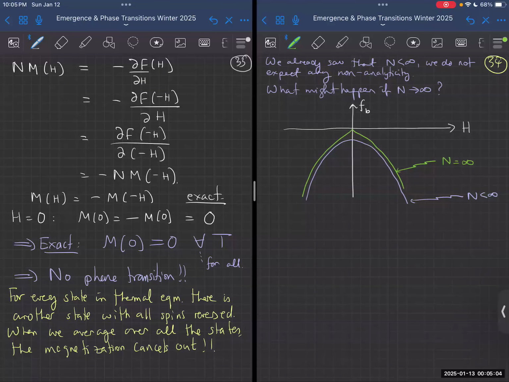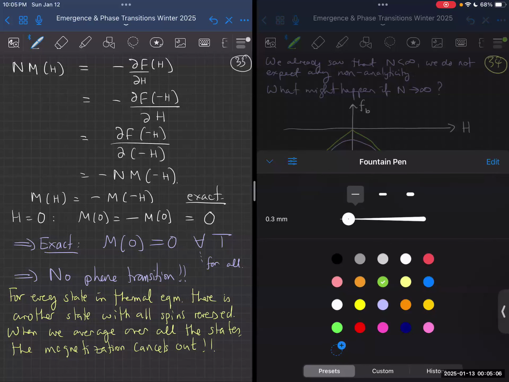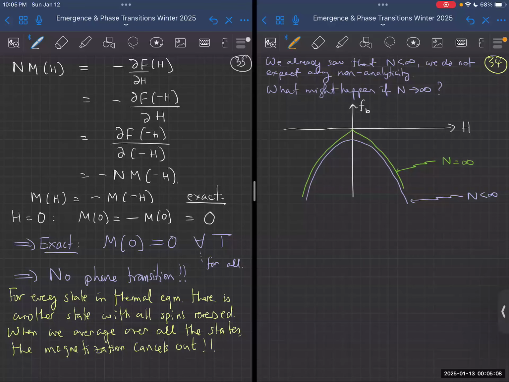It looks something like that, and right at this point, this is a cusp. This makes perfect sense, because remember, we already proved that there should be a discontinuity in the first derivative of f as a function of h. We saw that just by verbally arguing.